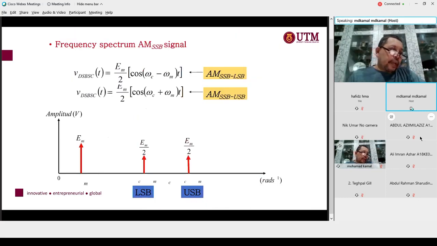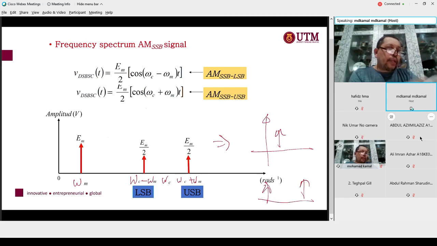Okay, so this is the spectrum of your SSB signal. So you have omega m, omega c plus minus omega m, omega c plus omega m. So it means that if you want to draw this spectrum at the end, you can see that you will have either this one, or this one only.